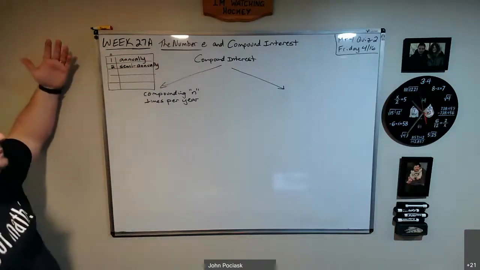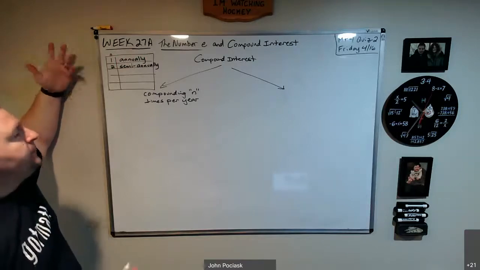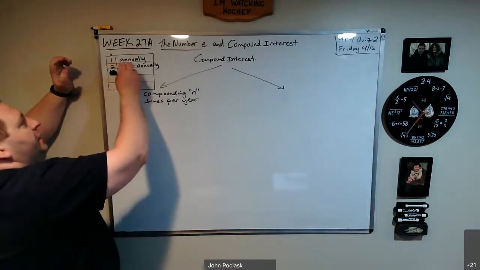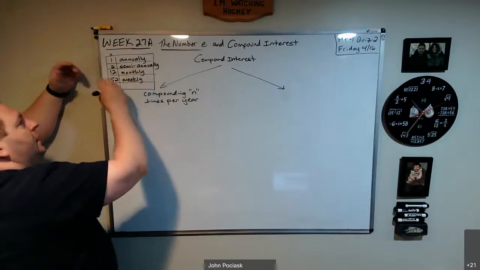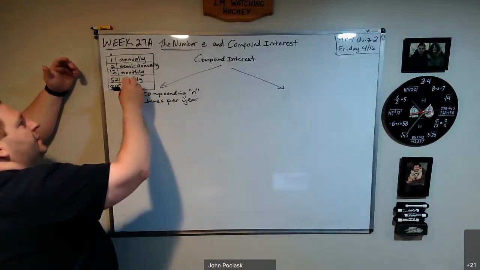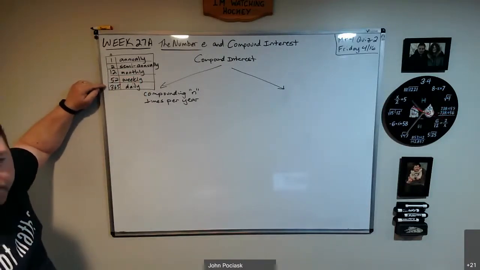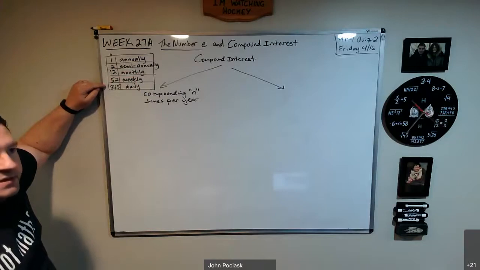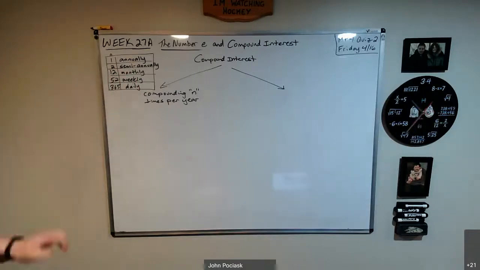I'm not going to write them all. 4 times per year would be quarterly. 12 times per year would be monthly. 52 weekly. 365 would be daily. They do use 365, not 365 and a quarter, right? From science, it's technically every year is 365 and a quarter. The banks don't give that quarter of a day ever. Doesn't matter if it's leap year or not leap year. It's always 365, right, for daily.